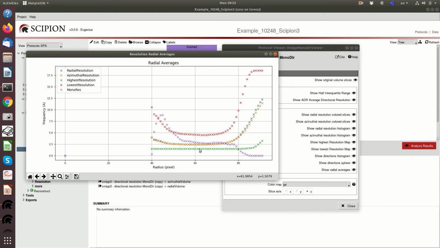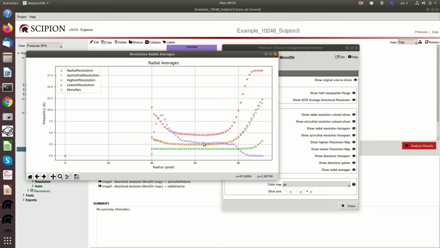So maybe in one direction we have this resolution, but this is not really the resolution overall in those voxels. And the worst resolution is 5, and the average is somewhere here. So 3 is somewhere here. So we see that it is more or less consistent with the MonoRes. So the MonoRes is the one that gives more consistent estimates.